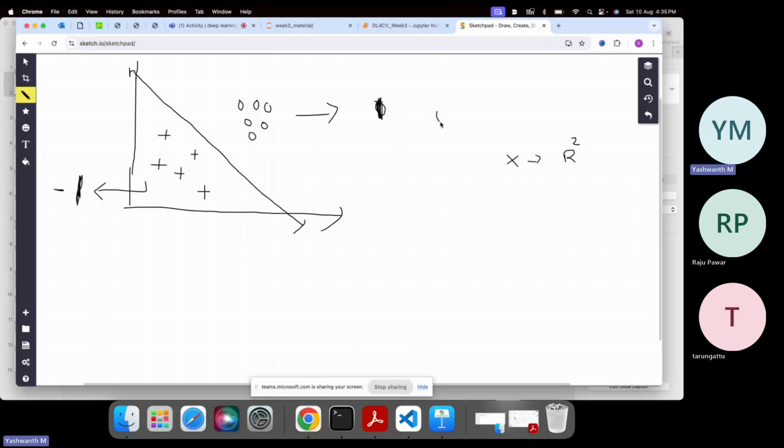We need to learn two things here, W and B. B is a scalar, so R power 1, and W lies in 2D, R power 2. Now, our classifier is nothing but this thing. We declare it as the positive one if it is greater than 0, and the negative one if it is less than 0.